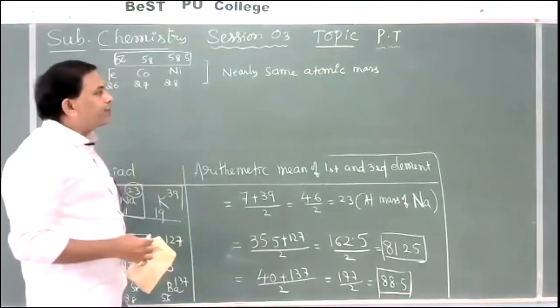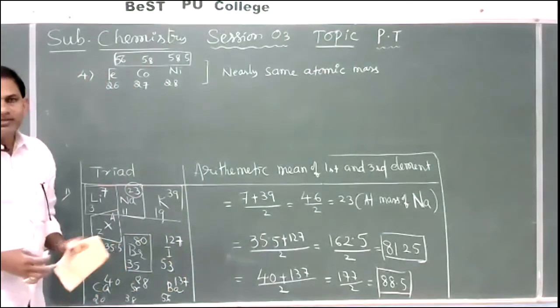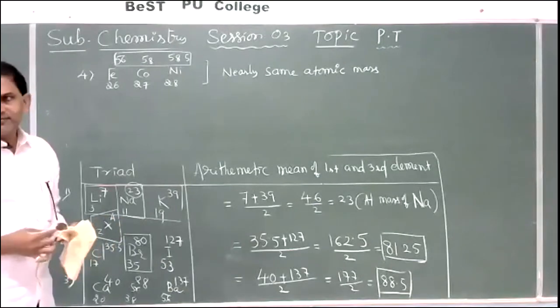So all the three have nearly the same atomic mass. That's why he failed to classify all the known elements according to this triads concept.